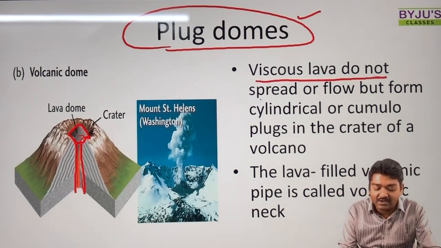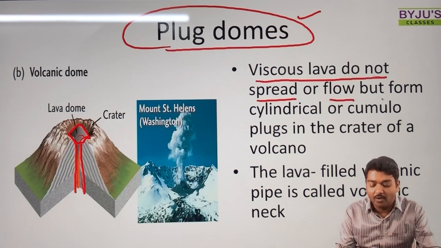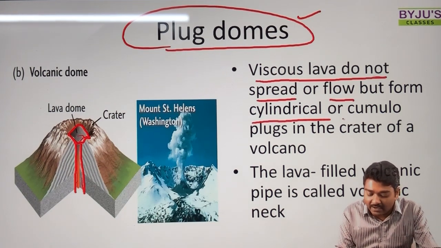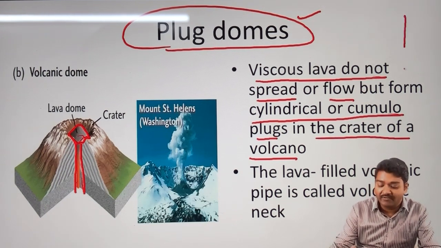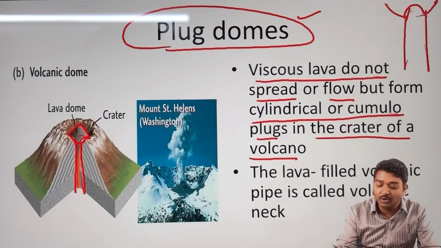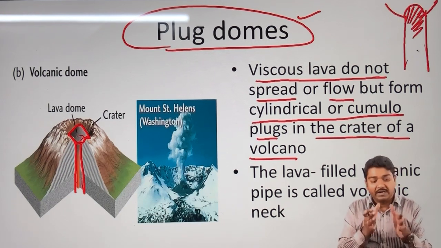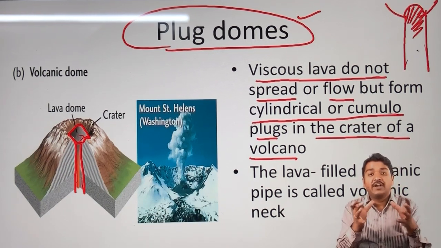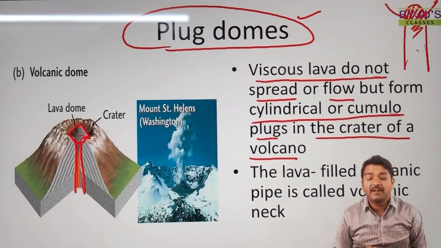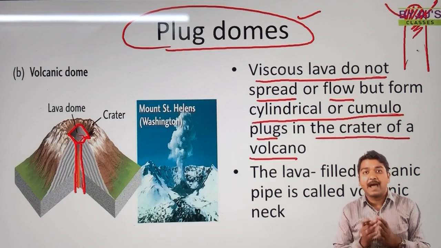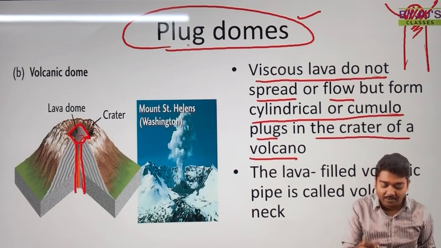Viscous lava does not spread or flow, but forms cylindrical or cumulo plugs in the crater of a volcano. That is, in the vent and in the crater, you usually see a dome. The viscous magma has solidified in the vent itself. Whenever the solidification of magma happens in the vent, we call it a plug dome.